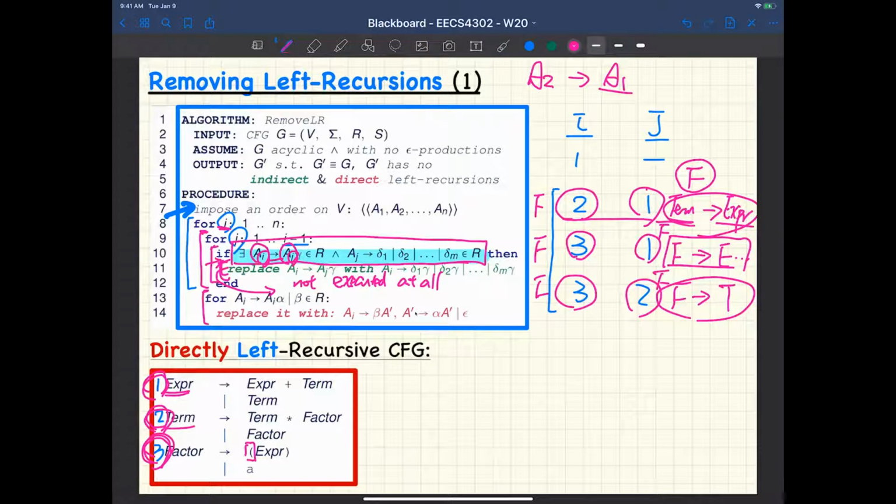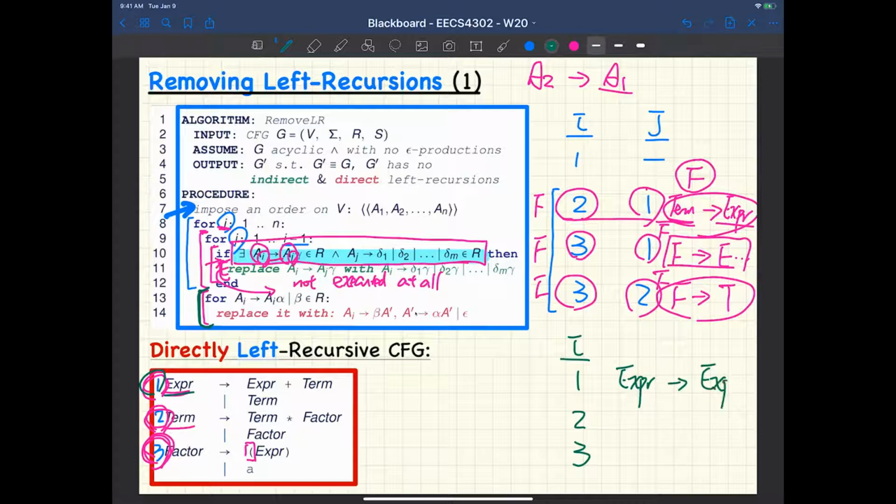So now let's say we go to this particular guy here. Now i could be 1 or 2 or 3, right? When i is equal to 1, do I have A1 produces A1? A1 is expression. I do have expression produces expression.